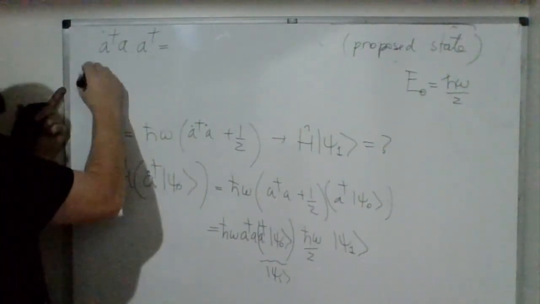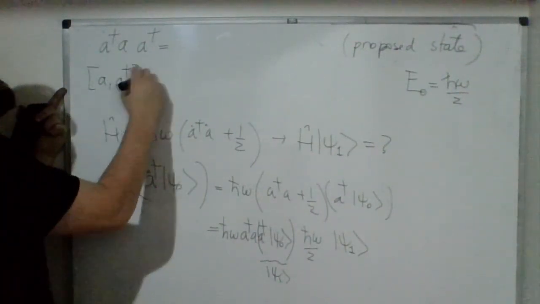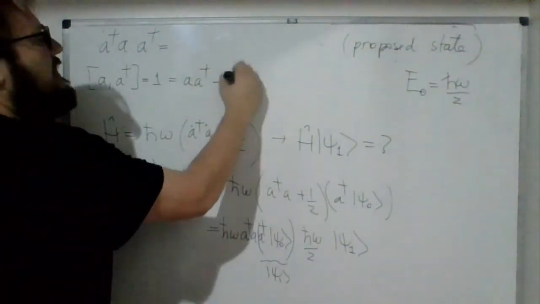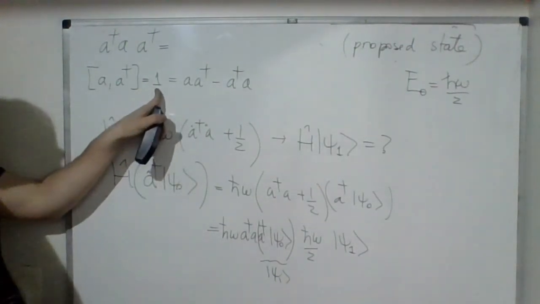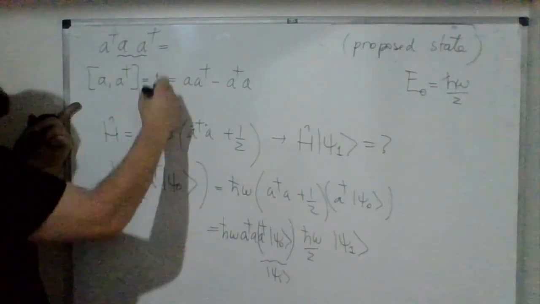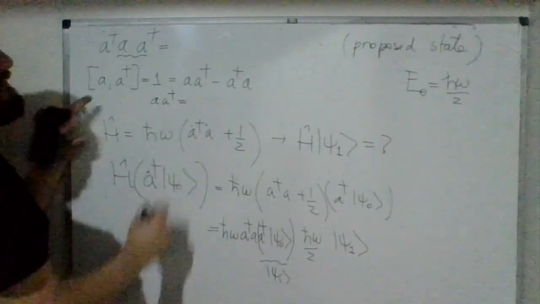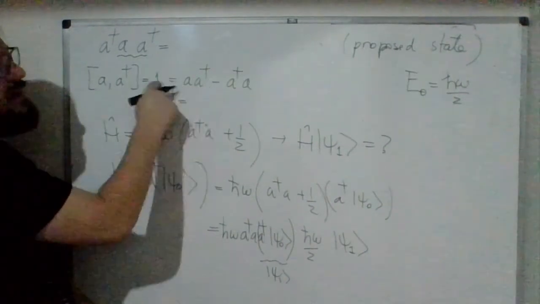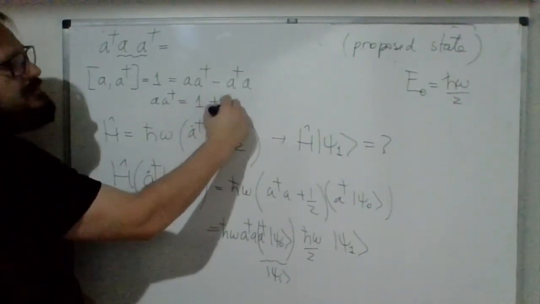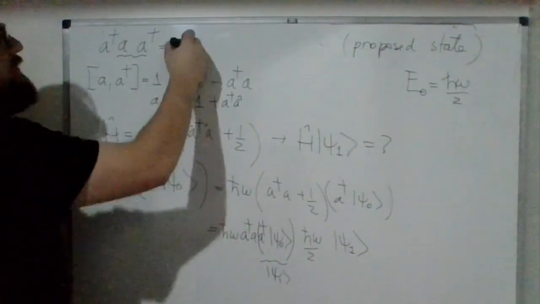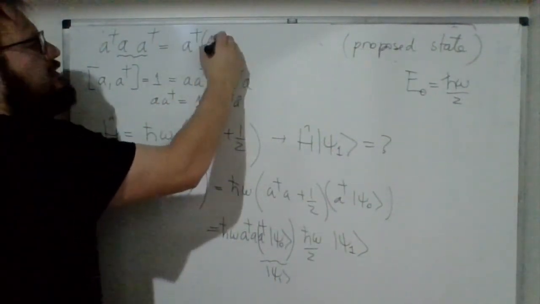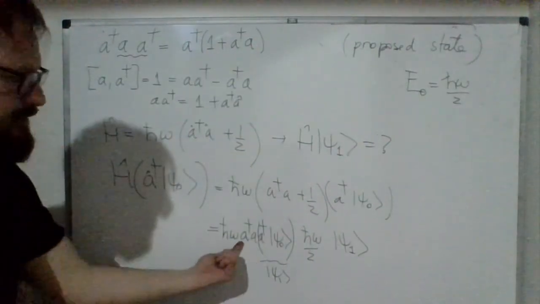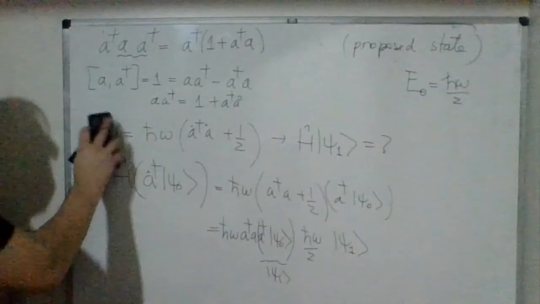So remember, the commutator of a and a dagger is just 1, which means a a dagger minus a dagger a corresponds to 1. So I can write this a a dagger as 1 plus this factor here, a dagger a. So I will have a dagger times 1 plus a dagger a. All right? This is what we have for this product of 3 factors here.